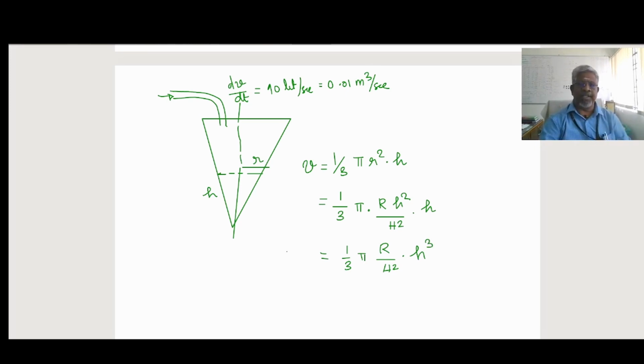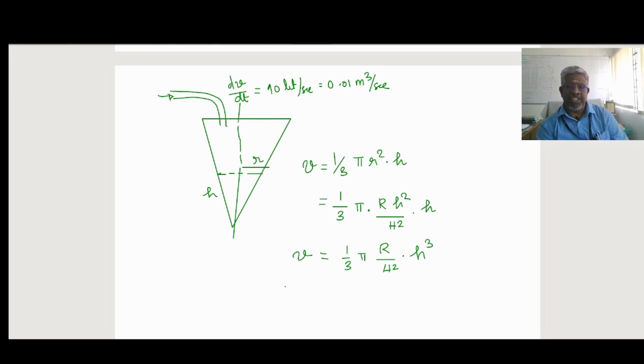Now this is a very important equation for calculating the changes in the height if we fill a conical vessel using a tap or some flow at a constant volume rate, that is 10 liters per second or 0.01 meter cube per second.